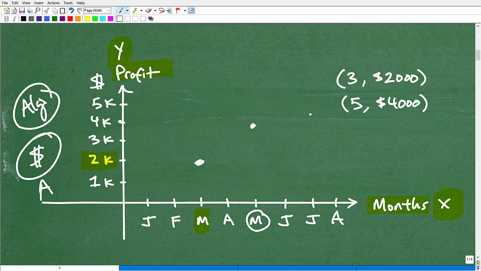May, which is month 5, we're at 4,000. So in July we should be at 6,000, and 6,000 should be about right there. It's all in one line, and we know our slope, our rate of change, is 1,000. What does that mean? It means that we're increasing our profit by 1,000 each month.